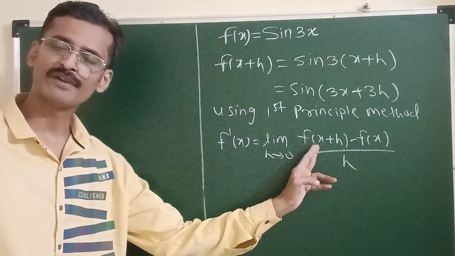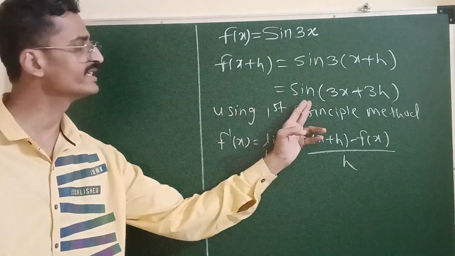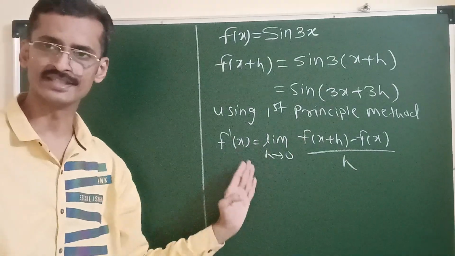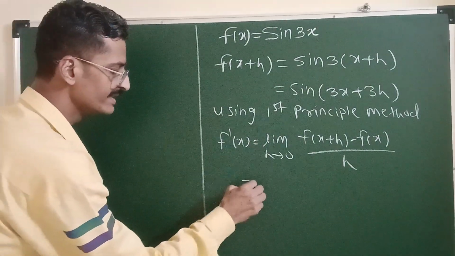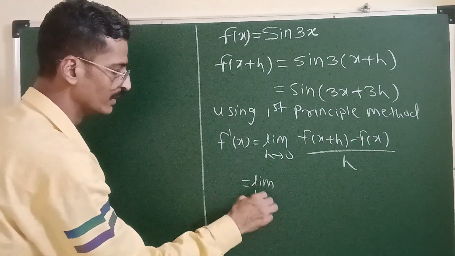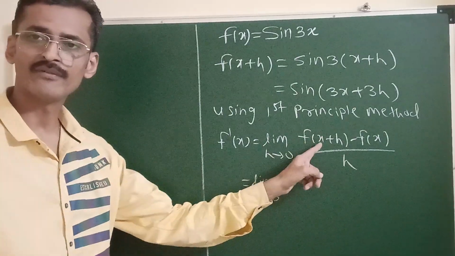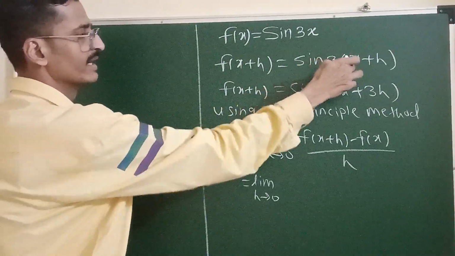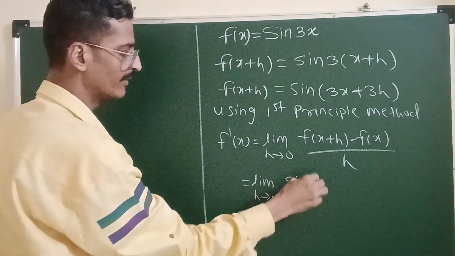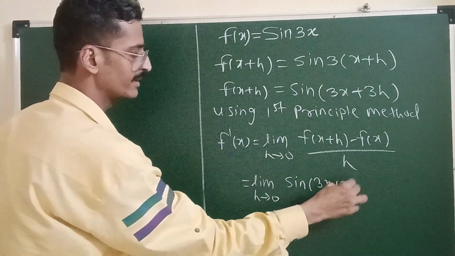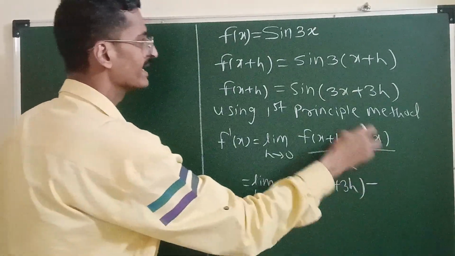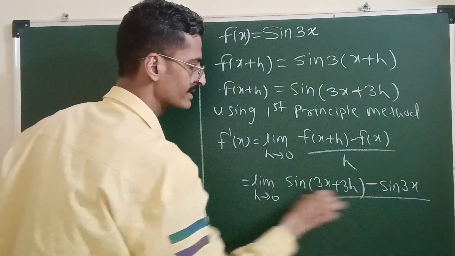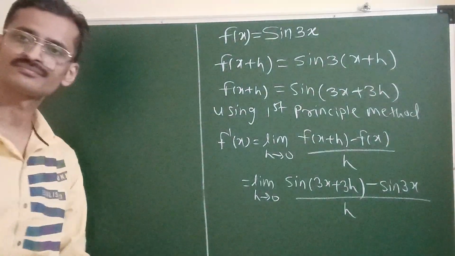We want f of x plus h, so this is our f of x plus h. So this is limit h tends to 0, f of x plus h is sine of 3x plus 3h, minus f of x, that is sine 3x, upon h.